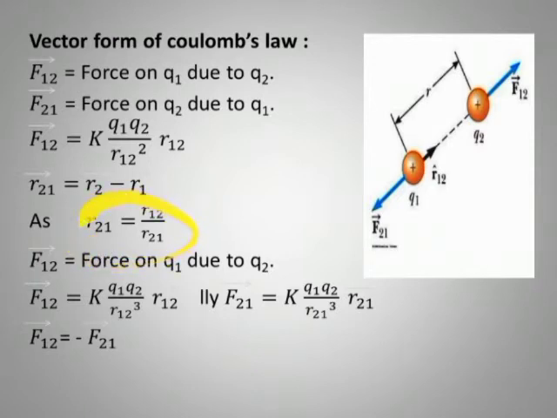You substitute this value in this equation, as this is your magnitude, r gets multiplied to the denominator here when you substitute, and then you're getting F12 vector is equal to K q1 q2 divided by r12 cube times r12 vector, which is telling you about the vector form of Coulomb's law.